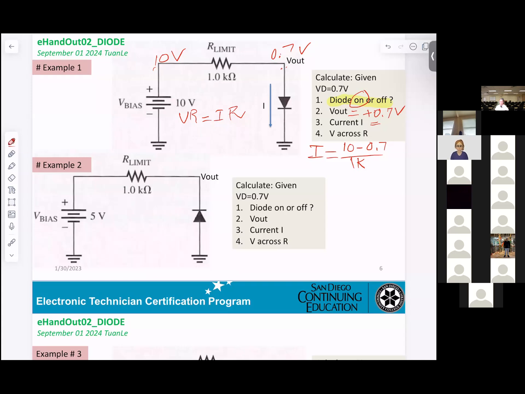Ground is at 0. The potential across the diode is 0 volt on this side and 5 volt on the other side, so it is less than 0.7. The diode must be off. Off means open.